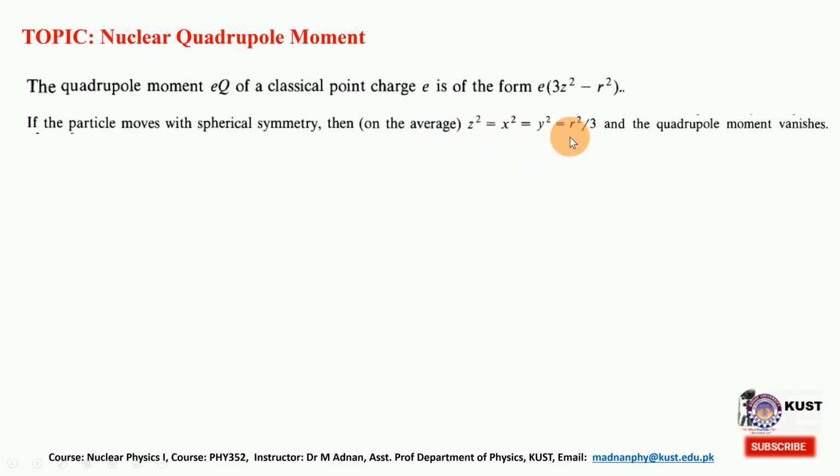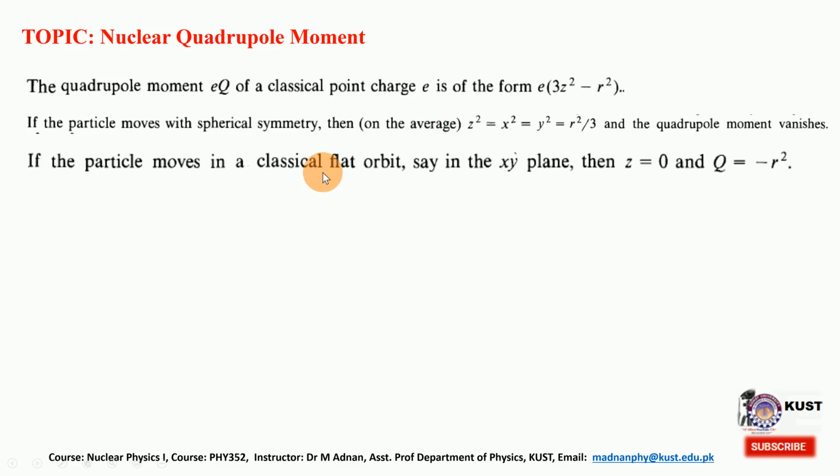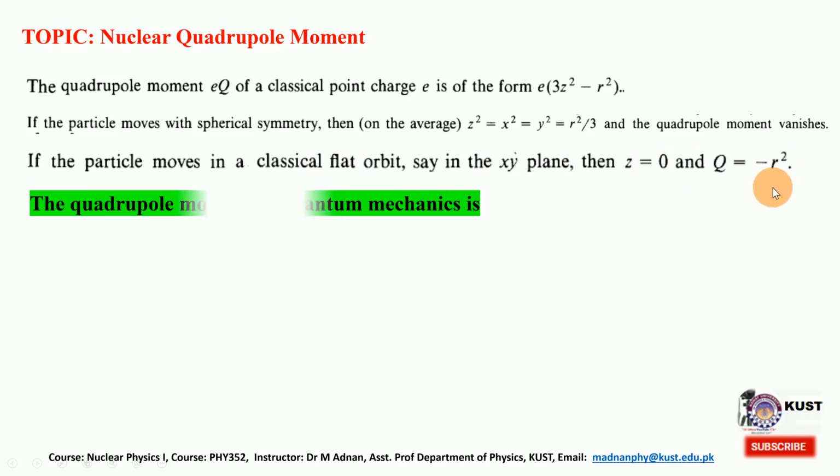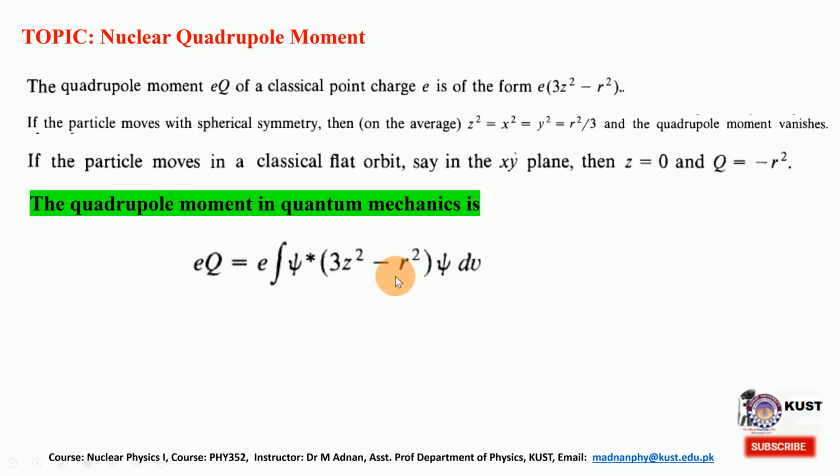If the particle moves with spherical symmetry, then the quadrupole moment vanishes. If a particle moves in a classical flat orbit, say the xy plane, such that z is equal to 0, then Q will be equal to minus r square. So you can find these limits again: if you put r square over 3 here, this will vanish, since this is a scalar number.